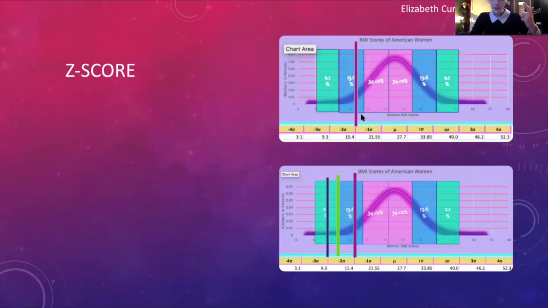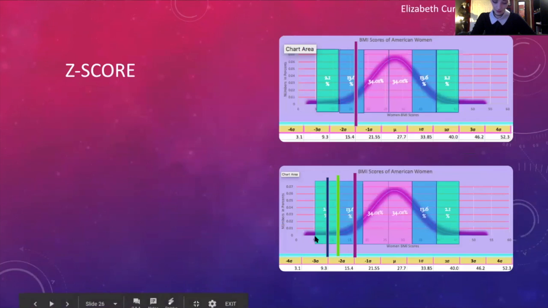So my z-score is negative 1.6, so it's going to be towards the left. And then Jackie's was negative 1.3. And so was Nishi's.